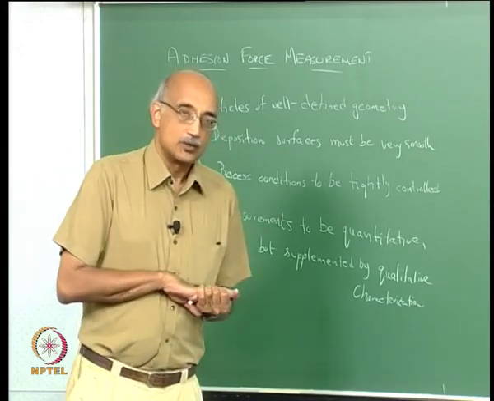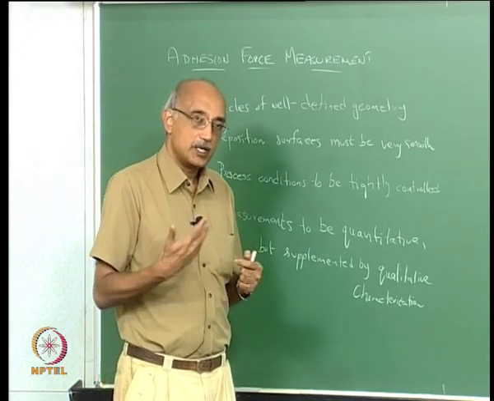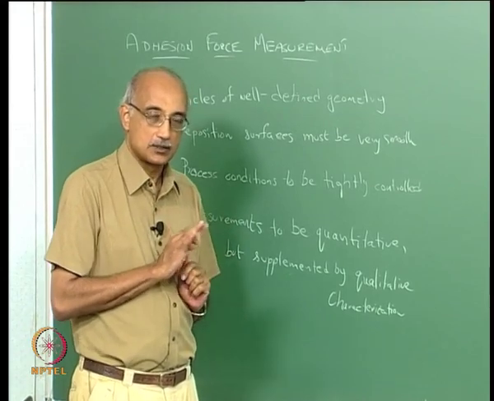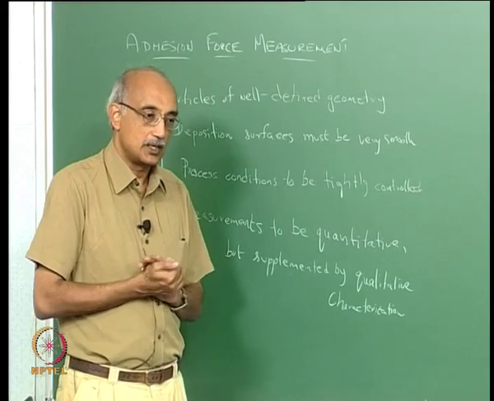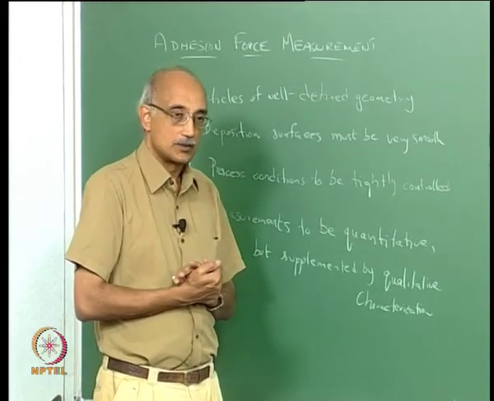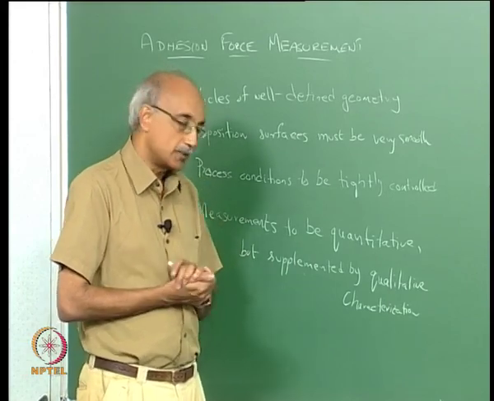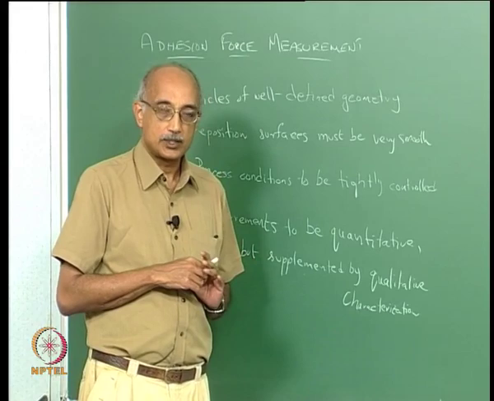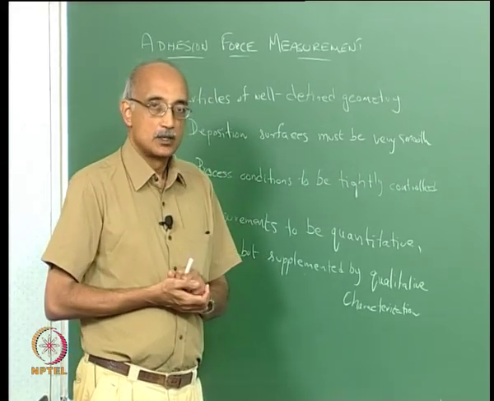But sometimes you can fool yourself if you just look at quantitative data, because there can be many artifacts when you are doing purely quantitative analysis, because what you may be counting as a particle on a surface may actually be a defect on the surface. A simple dimple on the surface you may be counting as a particle. So sometimes it's important to not rely entirely on quantitative measurements, but actually do some analysis.